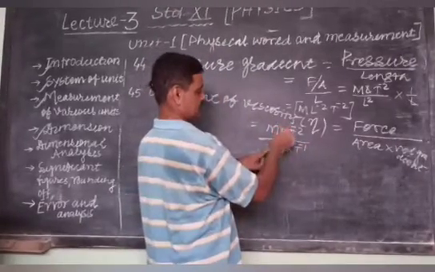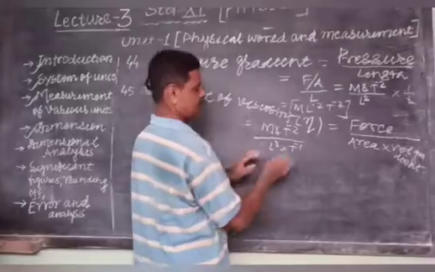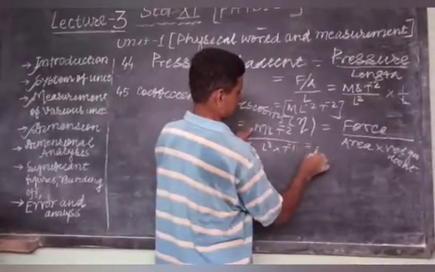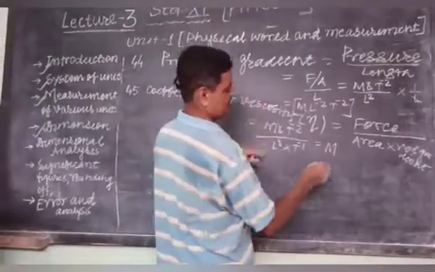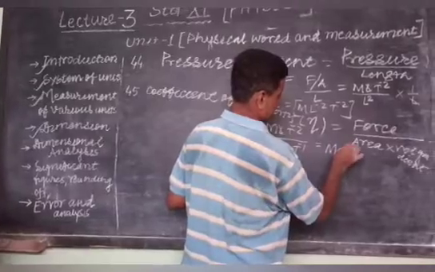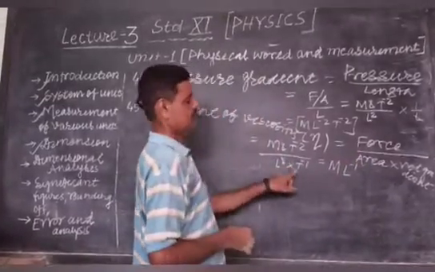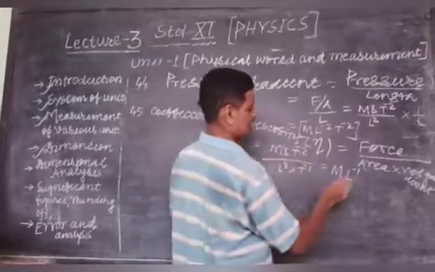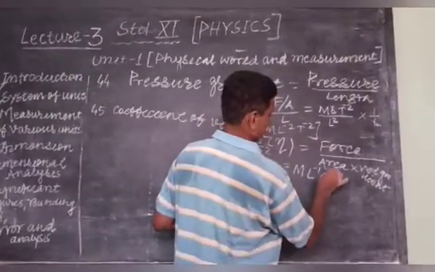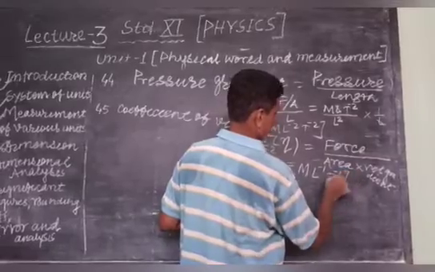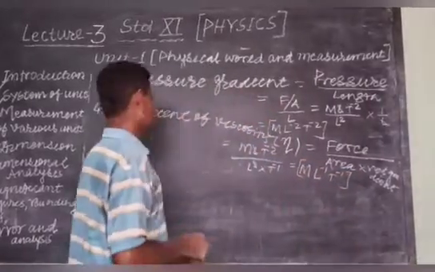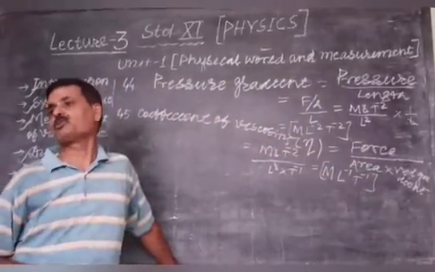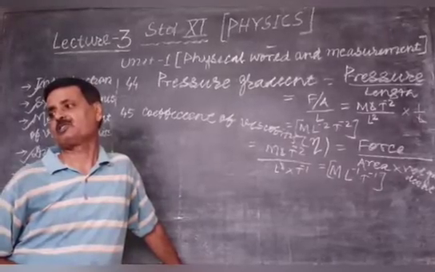You can cancel this L and this square. M comes here, L to the power minus 1, t minus 1, t minus 2, and the minus 1 cancels, so it is t to the power minus 1. This is your coefficient of viscosity.